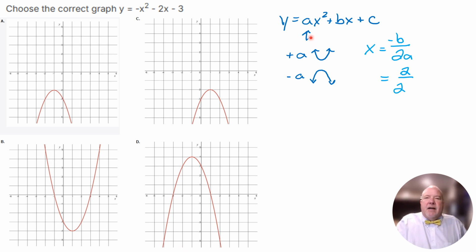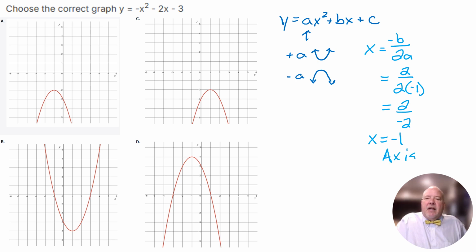Let me point this out. So here's where I'm getting the a value from. So that's there, which is -1. And the b value I got from here, which is right there, and that's -2. Okay? So the a value is -1. So 2 times -1. So I've got 2 over -2, which is -1. And that's my axis of symmetry.